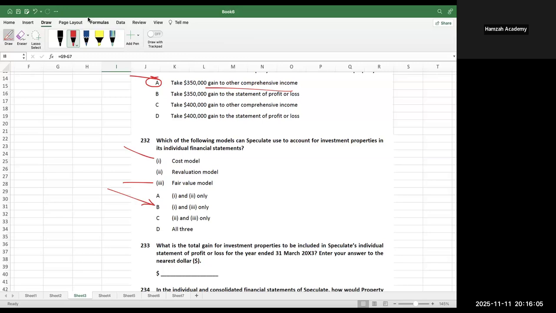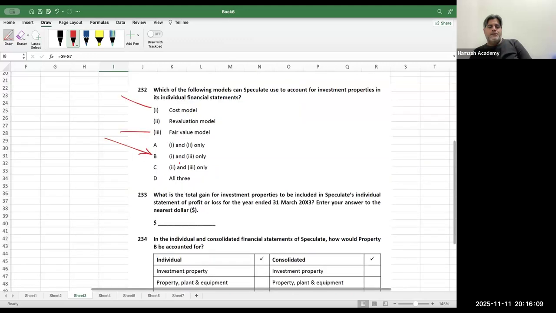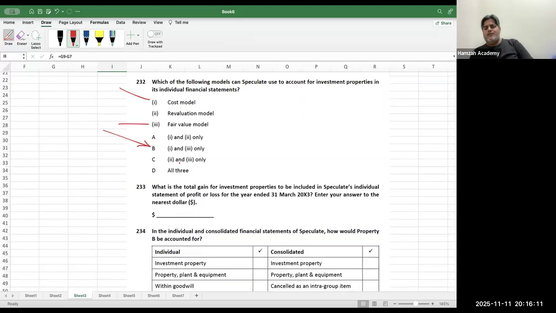And then we have the next one, 233. What is the total gain for investment properties to be included in Speculate's individual statement of profit and loss for the year ended 31st March 2023? Total gain.